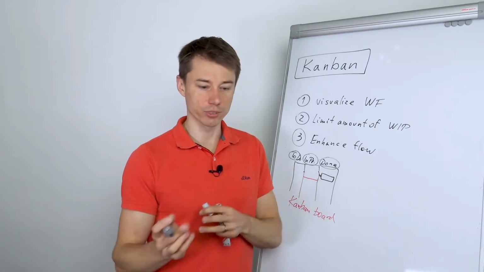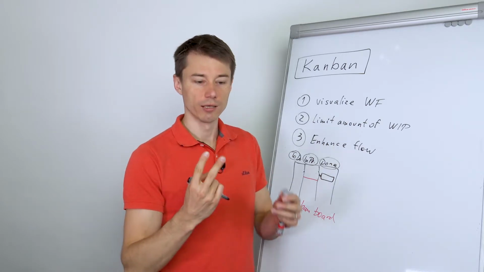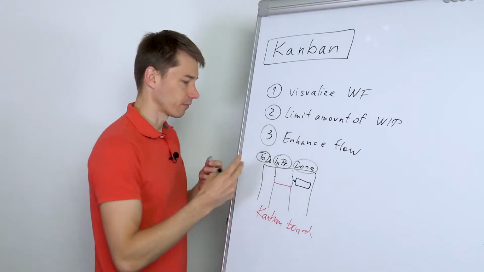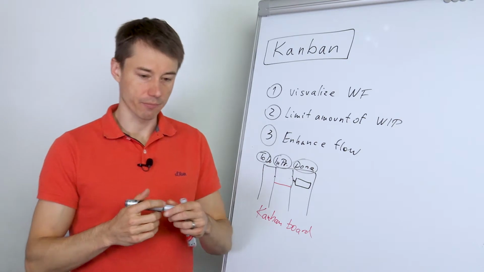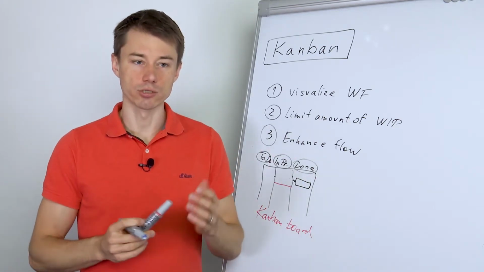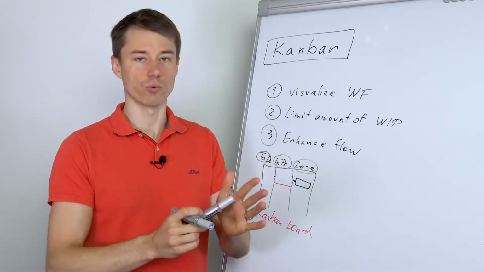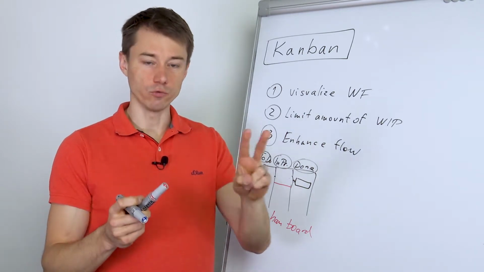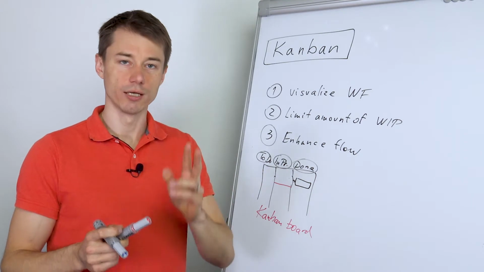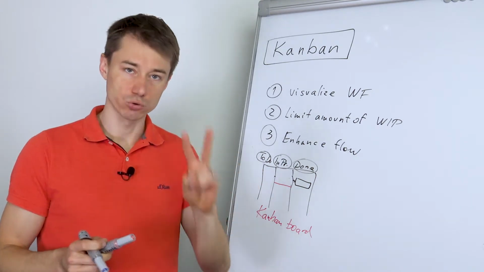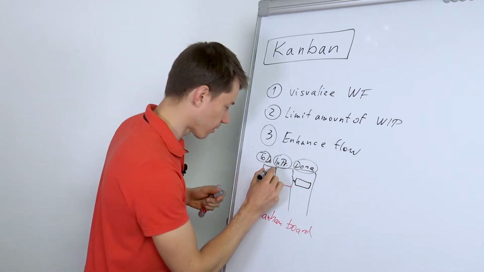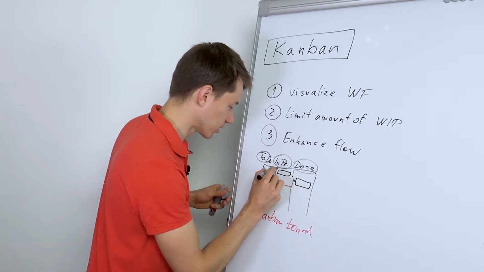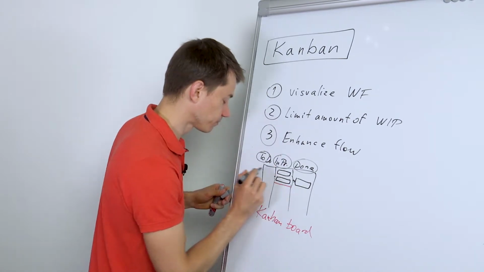Because you cannot have 3 tasks in progress if you have 2 people, because the premise behind this is actually to let people focus on one task. So that's why as soon as you have a team of 2 people, you would limit the number of tasks in progress to 2. Okay, so there would be 2 tasks here at maximum.